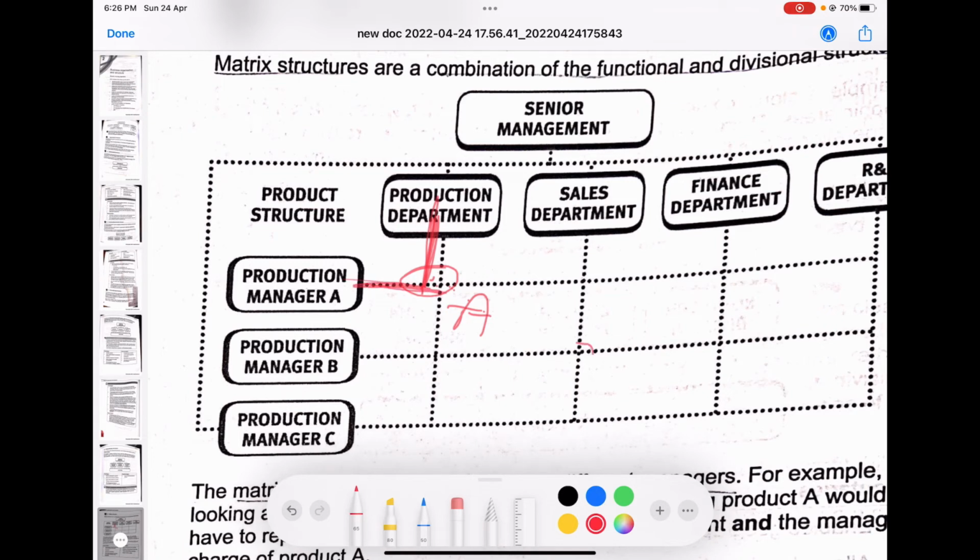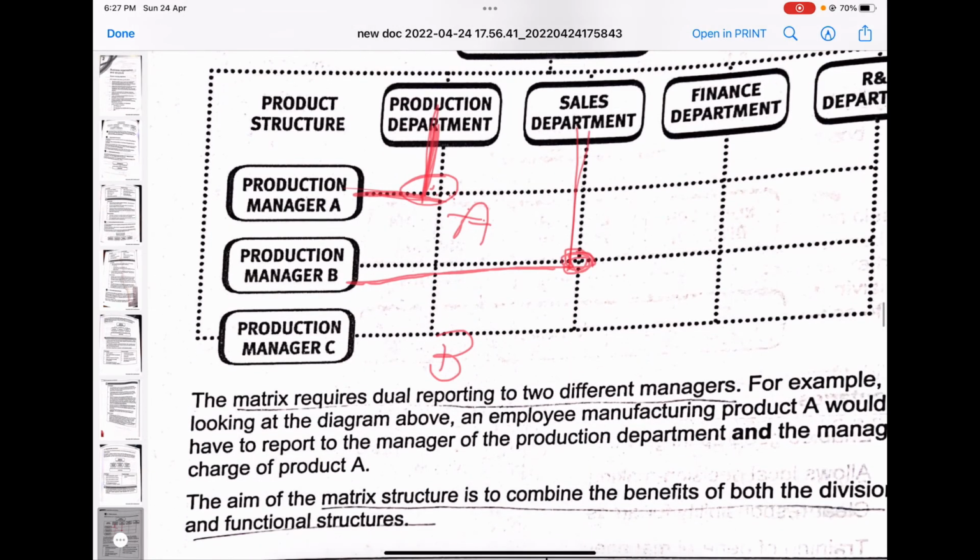If I'm in the sales of B, there's a product B, and I'm in their sales department, let's just say, we have to report to the production manager of product B as well. At the same time, we have to report to the sales department manager as well. So that's how it is. So there's dual reporting in that.